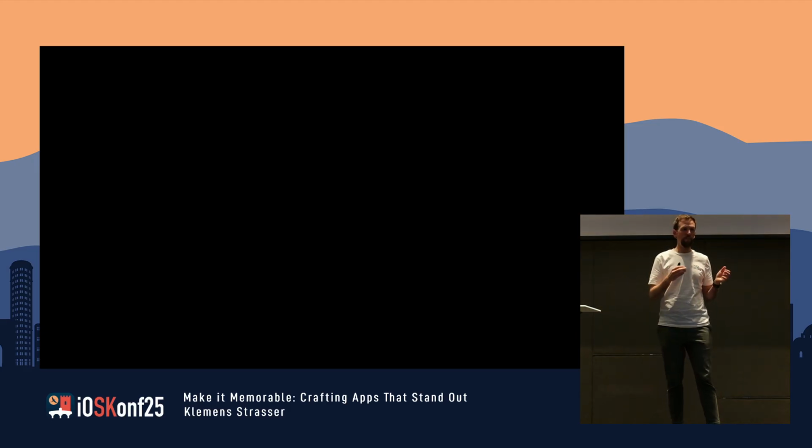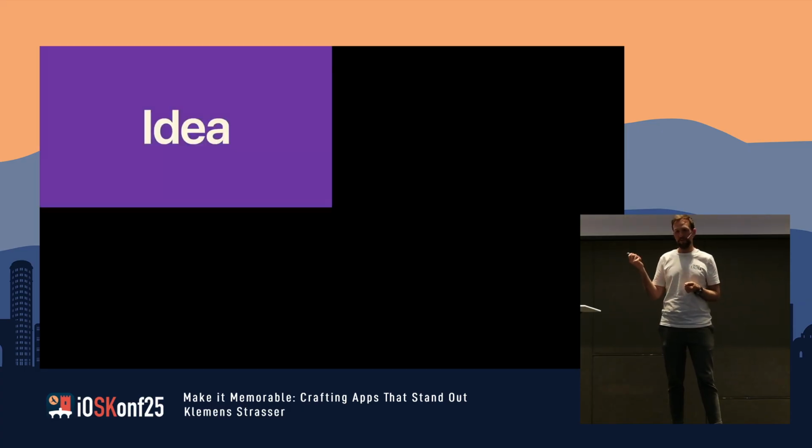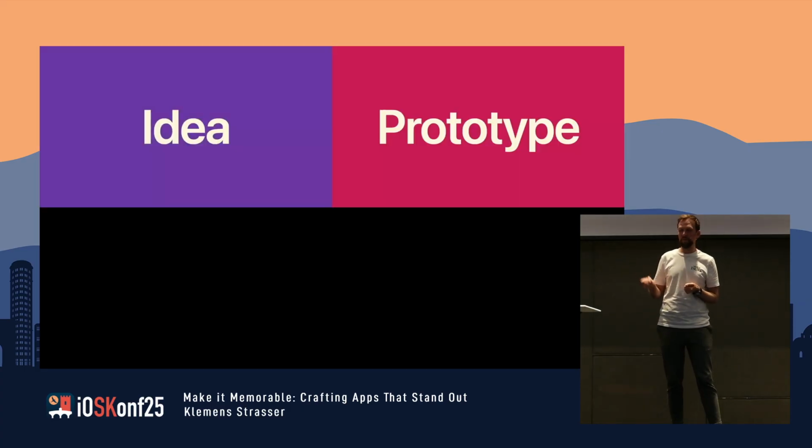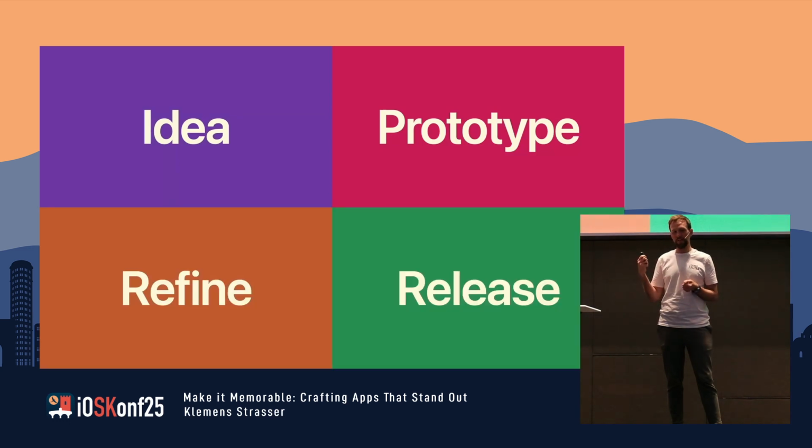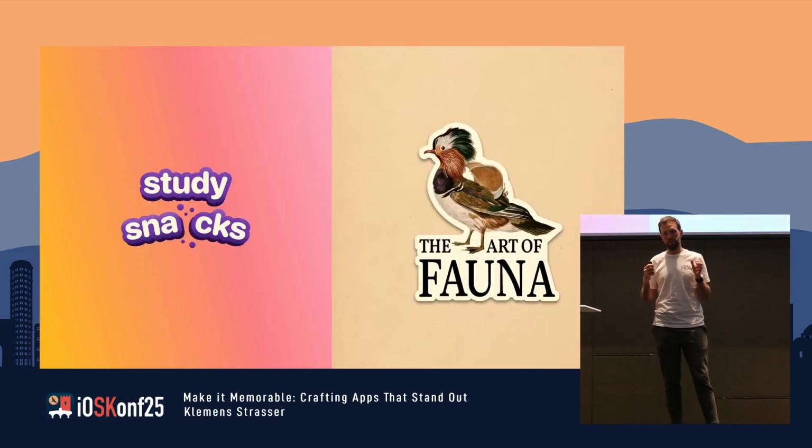And when I develop one of my apps, I always run through 4 different phases. I first have an idea, I go to a prototype, I refine the prototype, and then I want to release it. And I want to show you my process with 2 different projects, which are Study Snacks and the Art of Fauna.